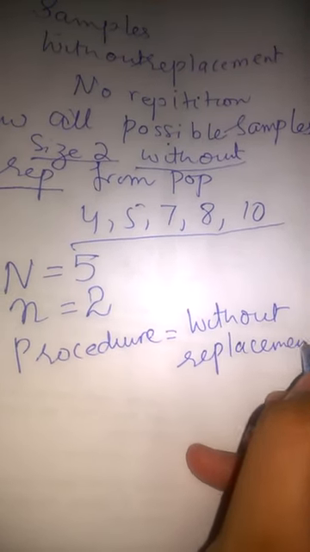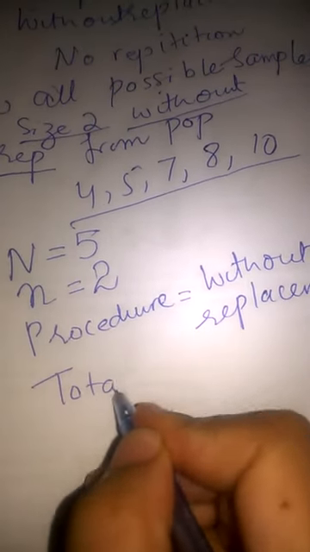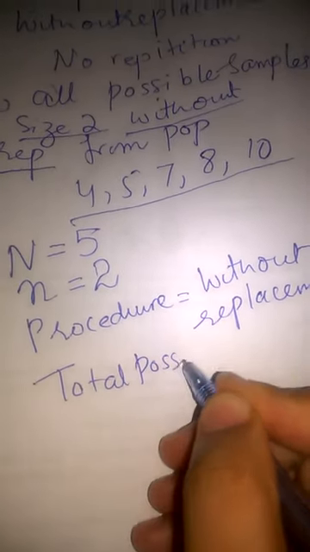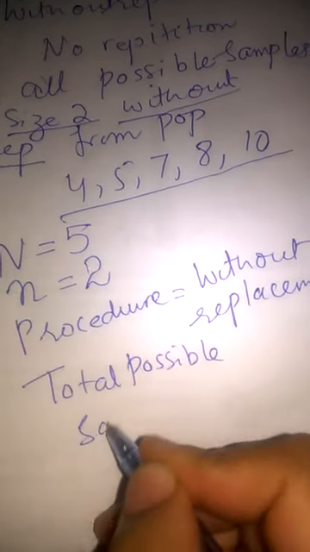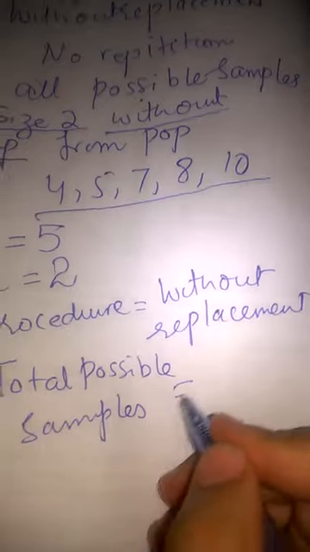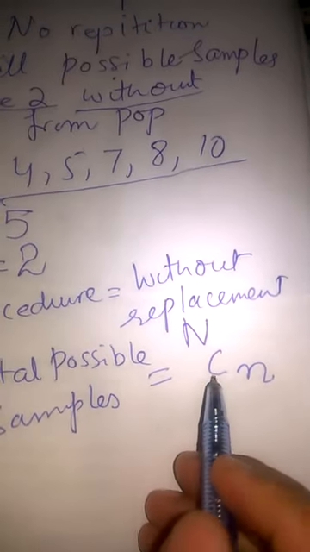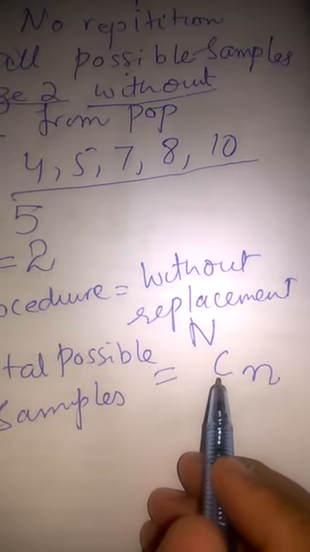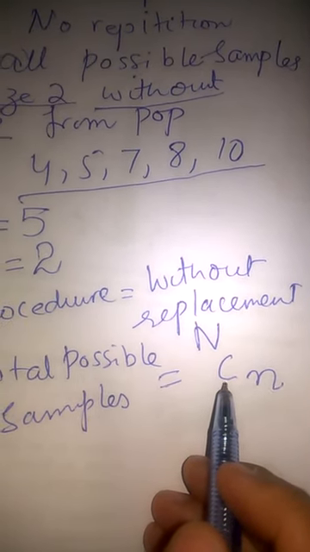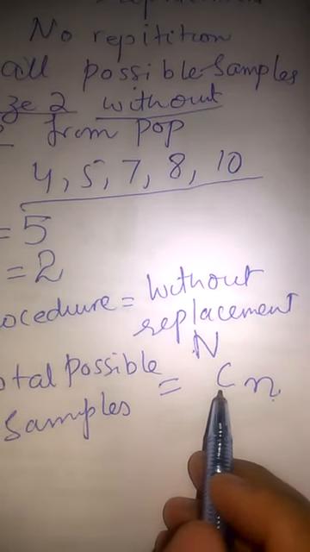First of all, in this case you have to find total possible samples. The number of total possible samples can be found by the formula capital N C small n. This is the combination rule, and in this formula you have to put the values of capital N and small n. C stands for combination.